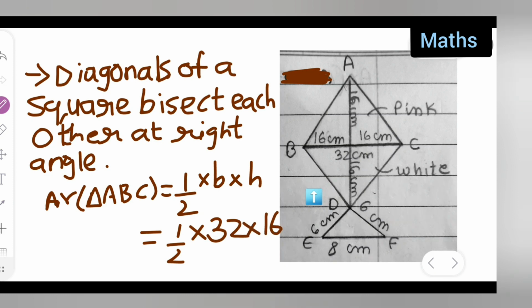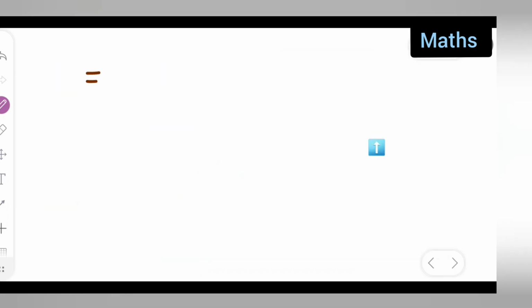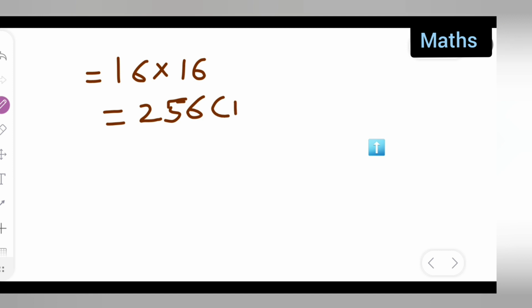So you have to cancel this. So we will get 16 multiplied by 16. So 16 multiplied by 16 will give you 256 centimeter square.